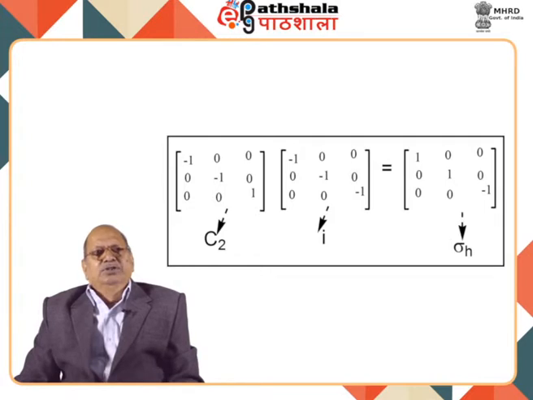Now, let us do this in terms of matrices. I take the matrix corresponding to C2 and the matrix corresponding to I, and then multiply them together. I get a matrix 1, 0, 0, 0, 1, 0, 0, 0, minus 1. What is this matrix? It is the matrix for sigma h. And also our symmetry operation product shows the result that C2 into I is sigma h.